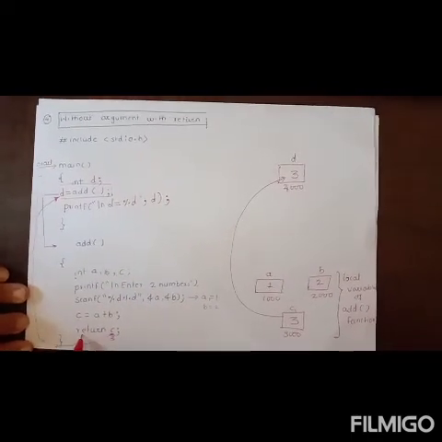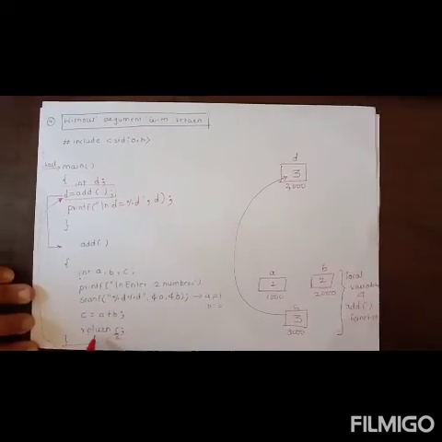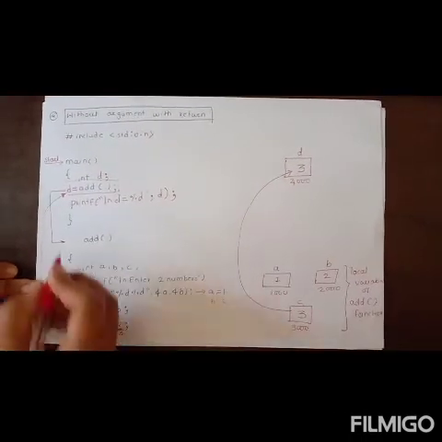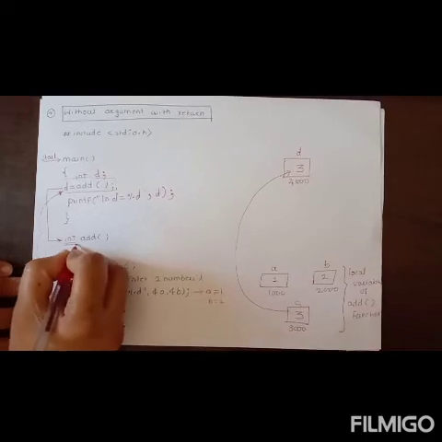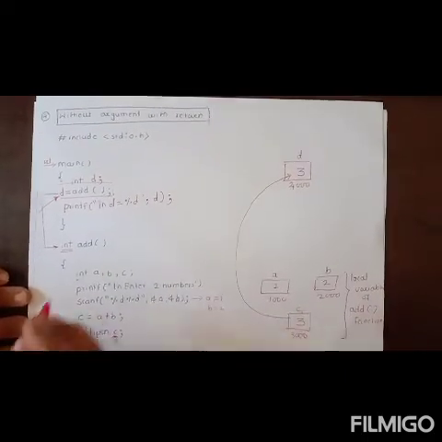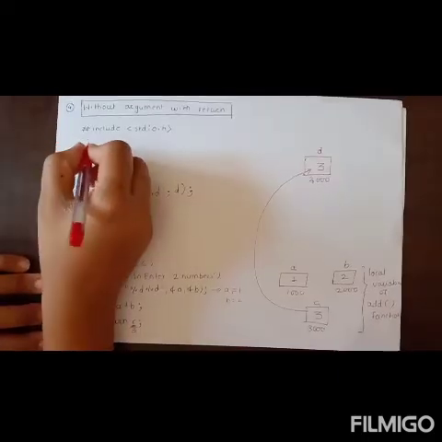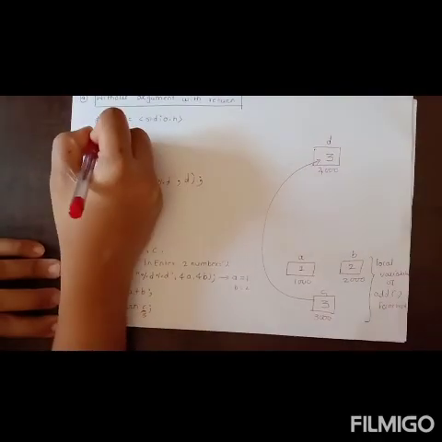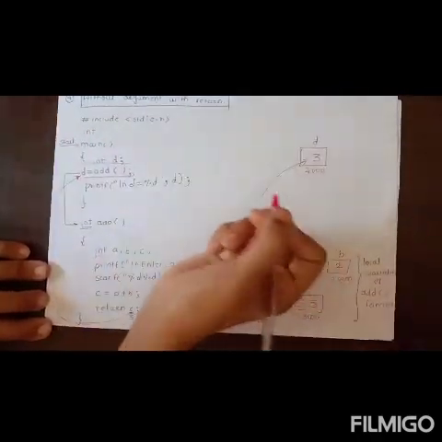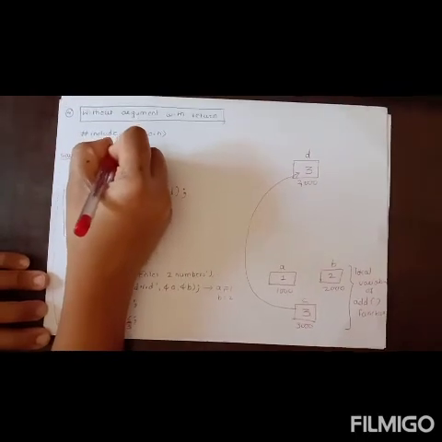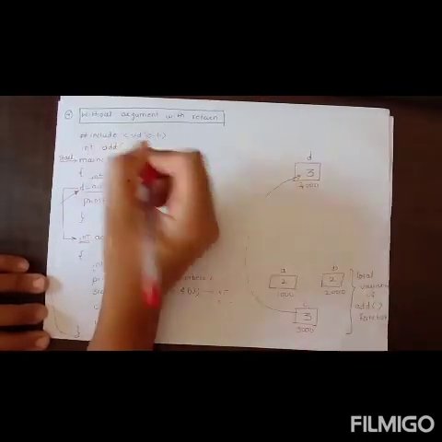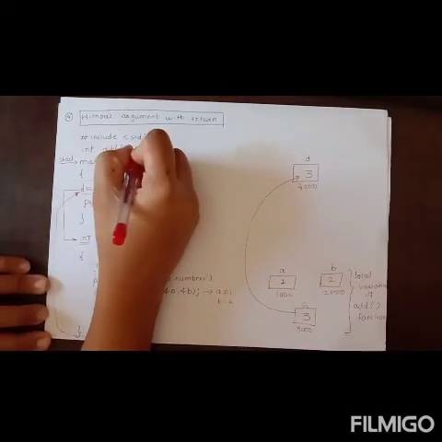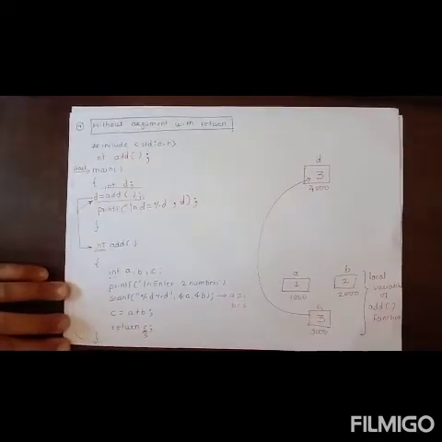So you are returning c, that means you are returning an integer value. So here I'll just write the return data type as integer. Okay, and the prototype declaration before the main function, that is return data type int, function name add, and you are not passing anything, so it's an empty round bracket ending with a semicolon.